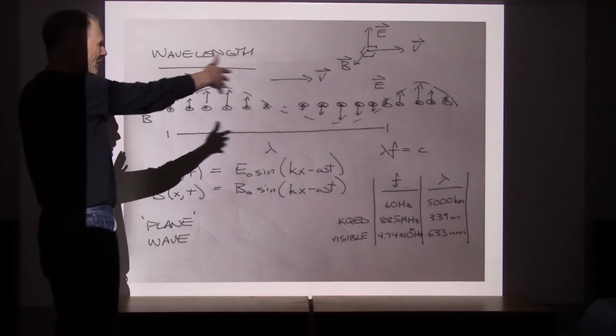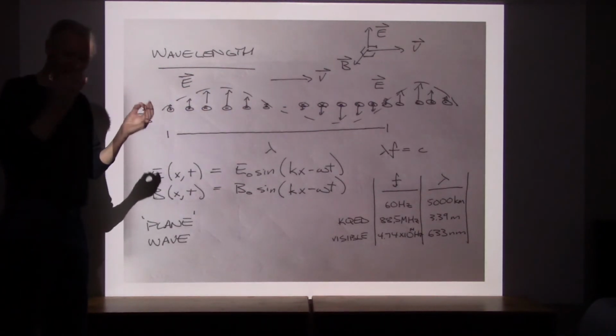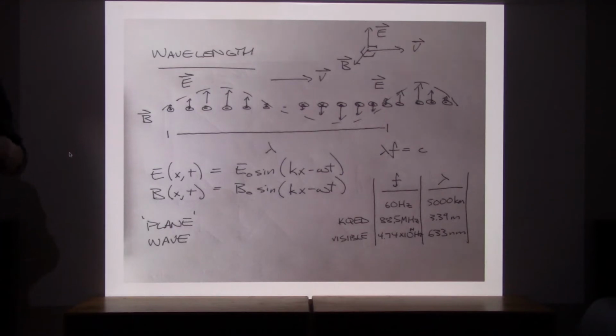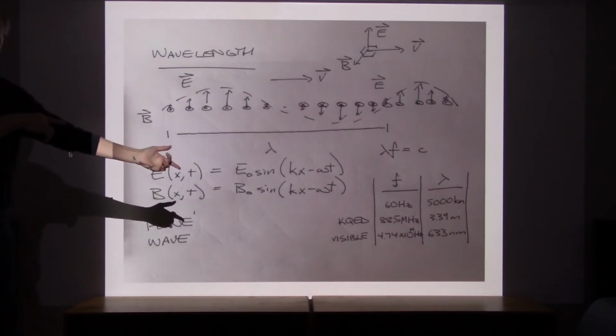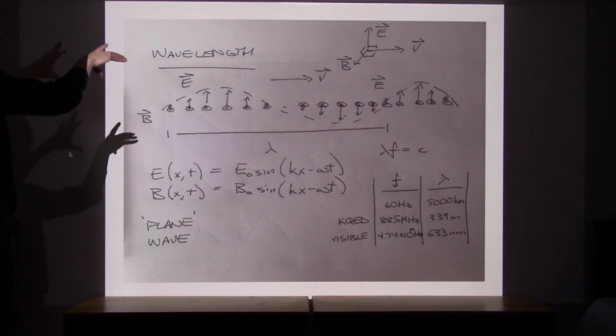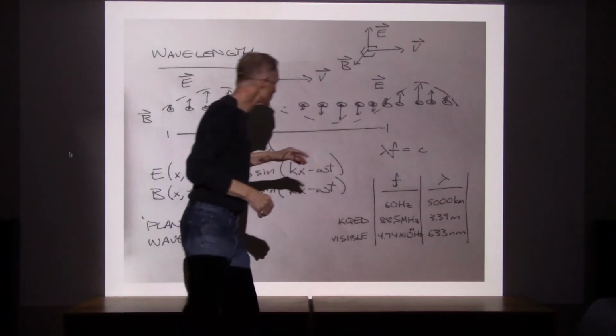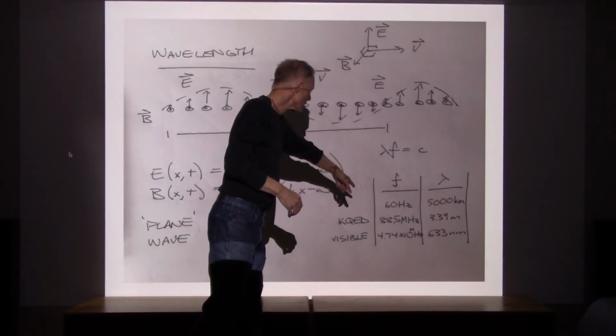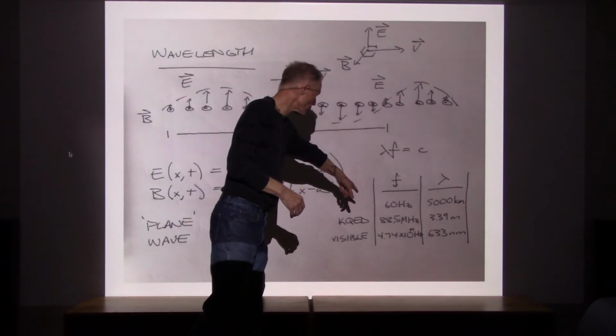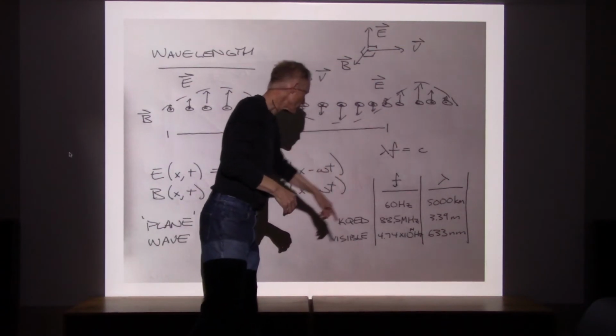So that pattern is just going to be repeated as long as the oscillating, accelerating charges that generated this keep oscillating at the same frequency, and the oscillations here are 60 hertz, 93.3 million hertz, and 4.74 times 10 to the 14th hertz.